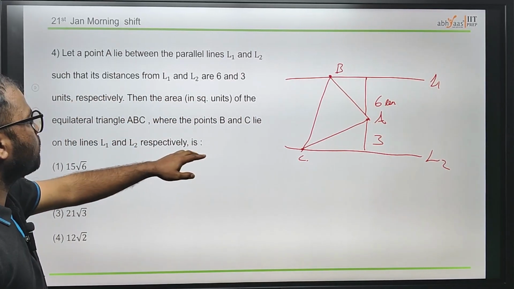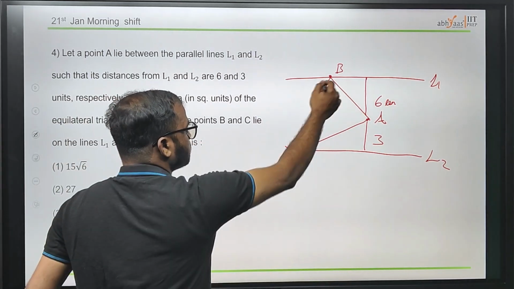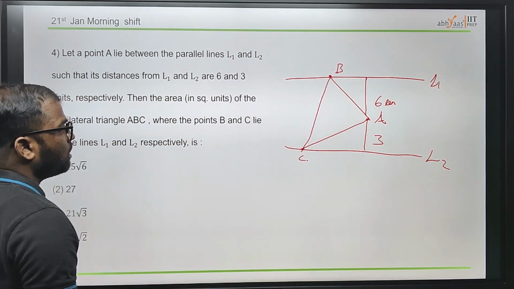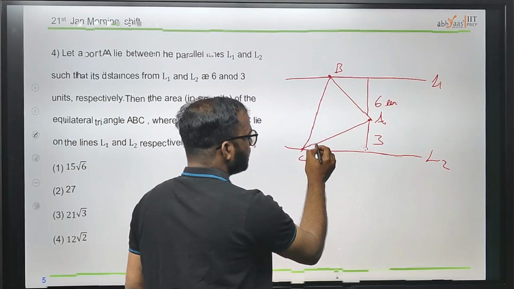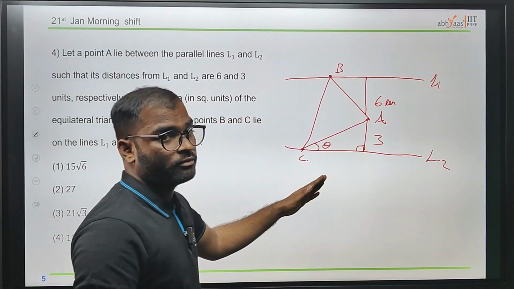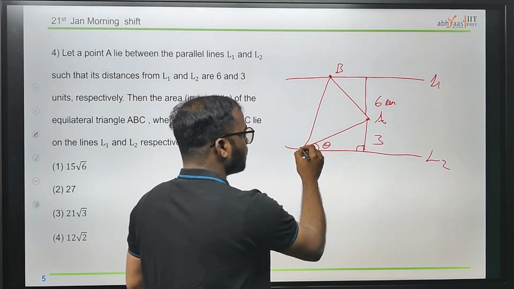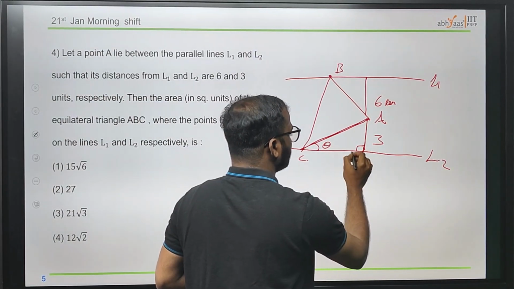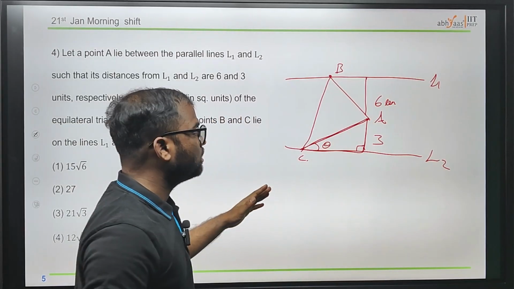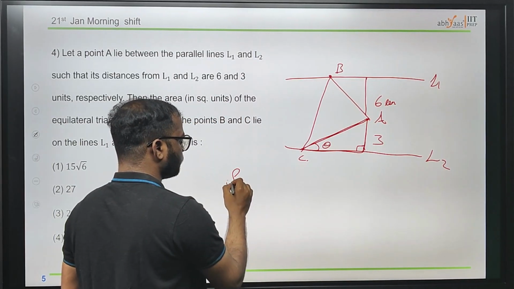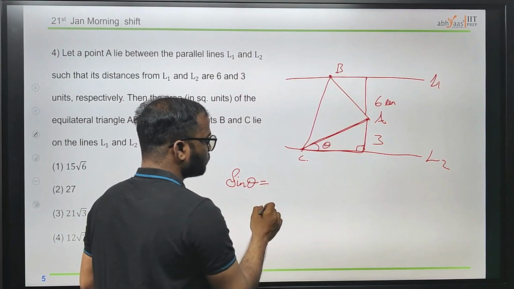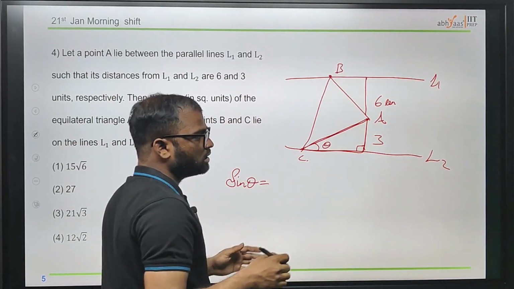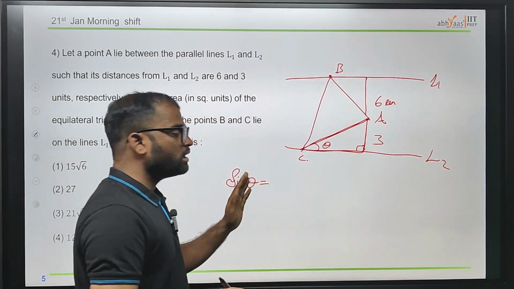If you observe triangle ABC, which is this one, we can assume that we have a perpendicular, which gives a right angle triangle here. From this we can easily say that sin theta equals 3 over a. Why? Because we know sine theta is nothing but opposite by hypotenuse.